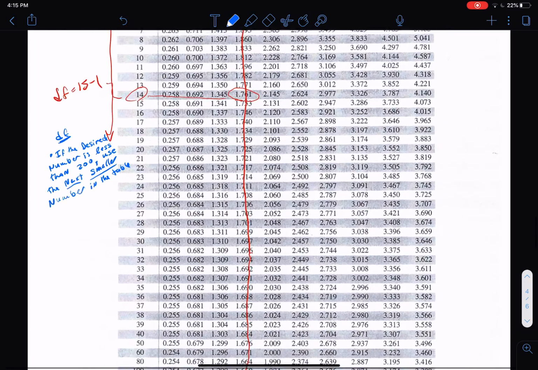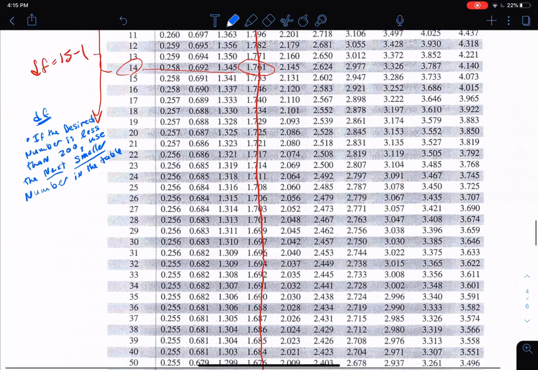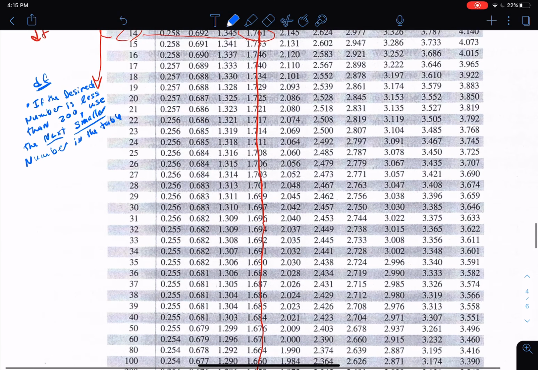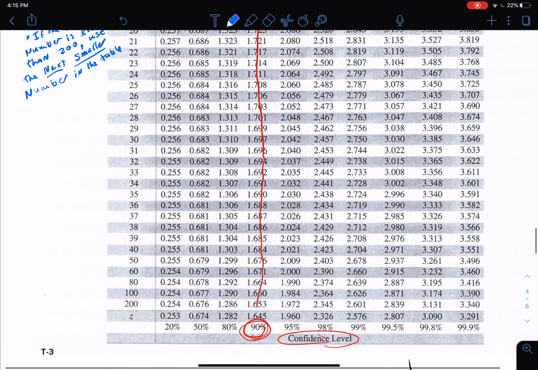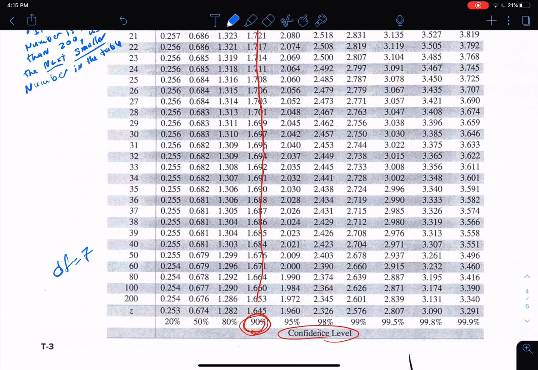So what does that mean? Let's say the desired number is less than 200, use the next smaller number in the table. So if we had, let's say, a degree of freedom of 76, well, we don't have 76 here, we're below 200. Use the next smaller number than 76, and the next smaller number was 60, so you use 60.